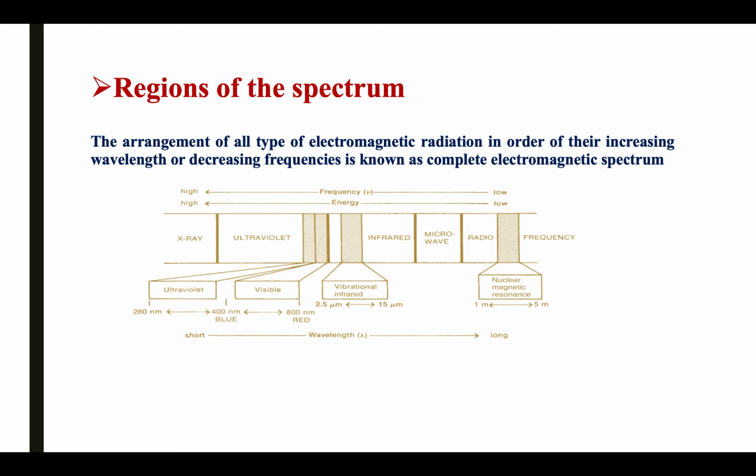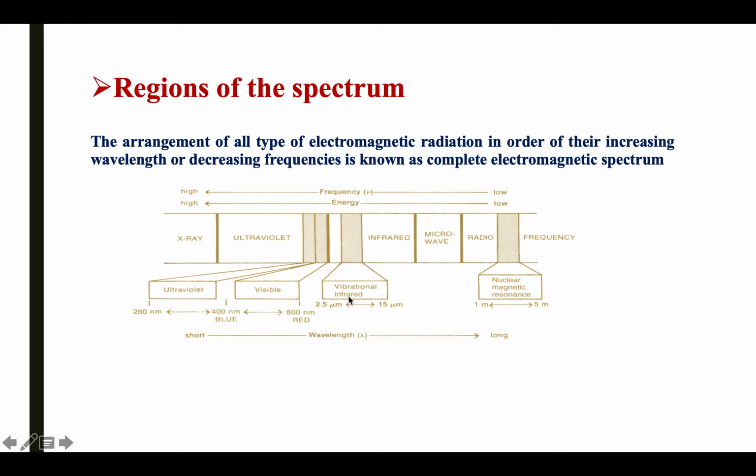After that, infrared is there. This is beyond the red light of the visible region, so it has a lower energy compared to red light. After that, vibrational infrared is there, and the typical range of wavelength is 2.5 micrometer to 15 micrometer.